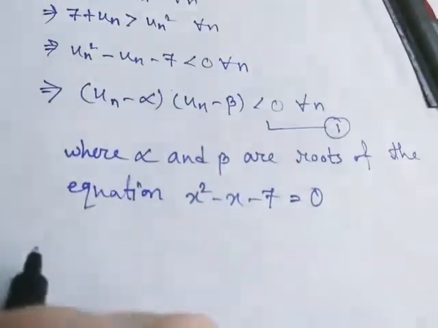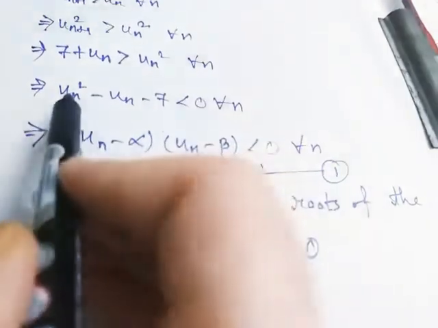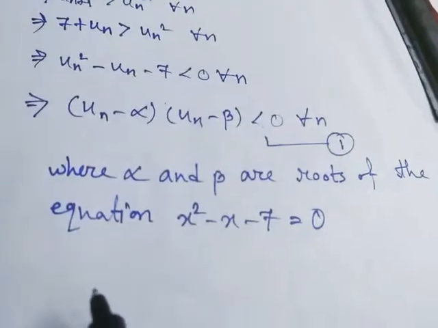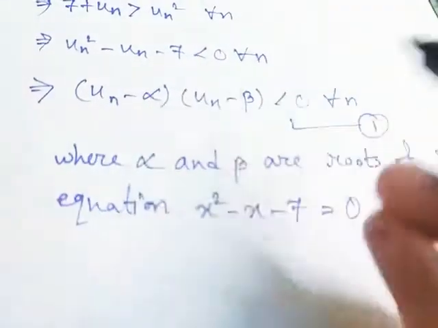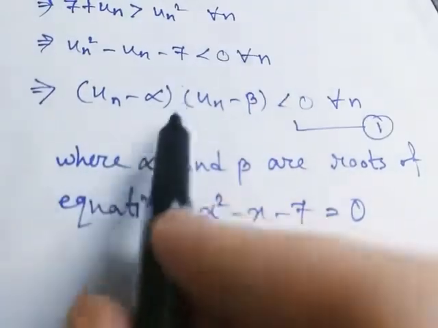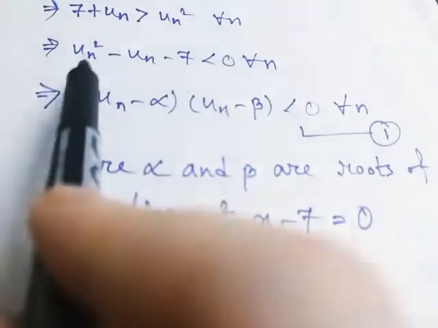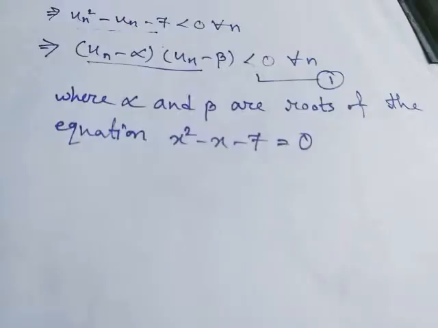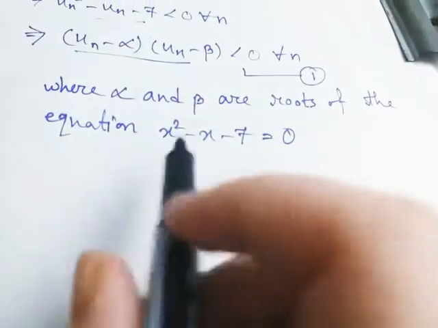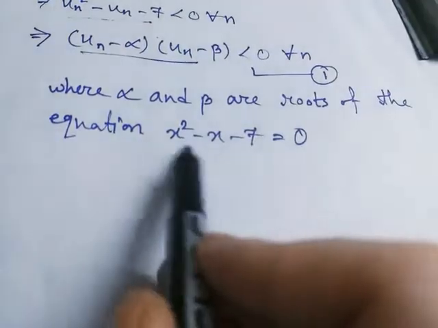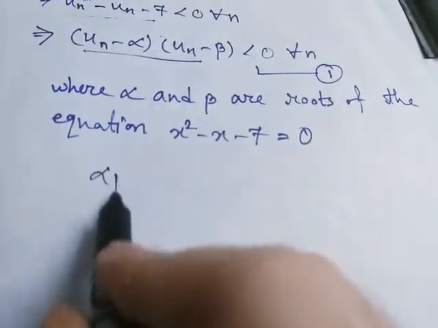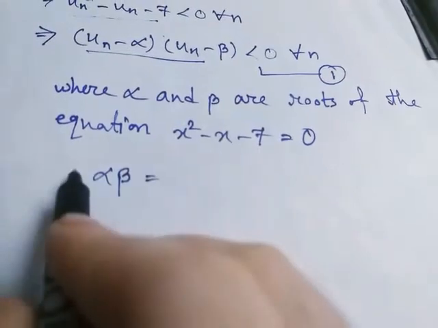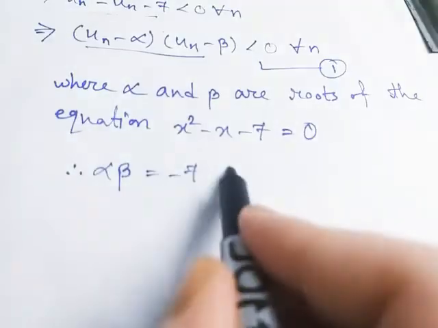We put u_n = x. Similarly, we write here (u_n - α)(u_n - β). Now α and β are roots of this equation, so αβ = -7 < 0.